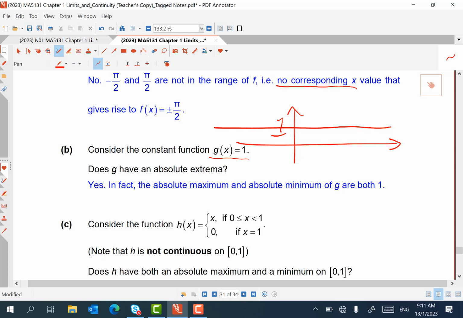Do a sketch of the graph. Okay, let's draw the graph. When it's 1, it is 0. Between 0 and 1, it is actually going to be x.